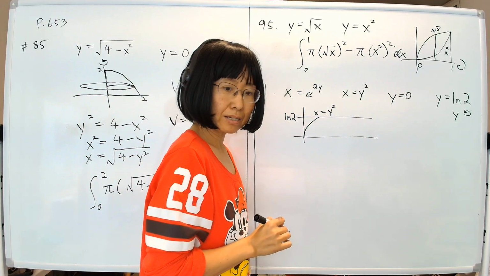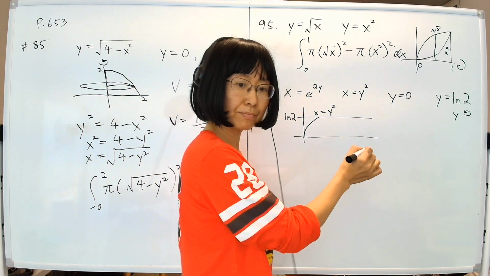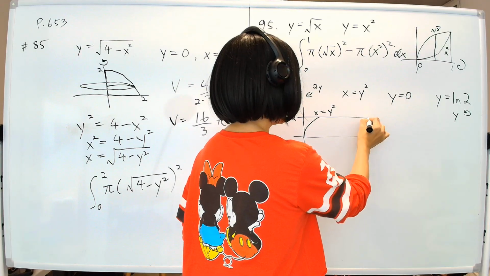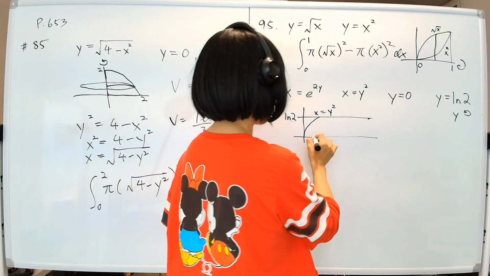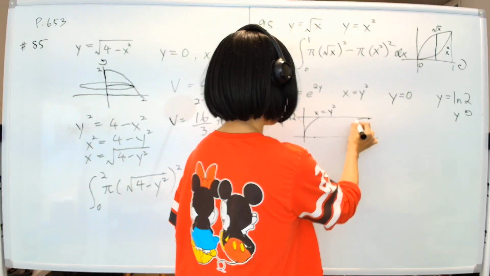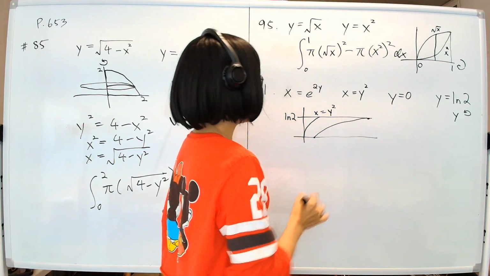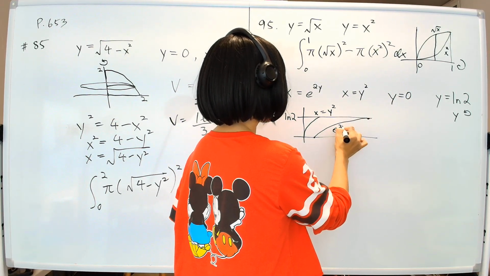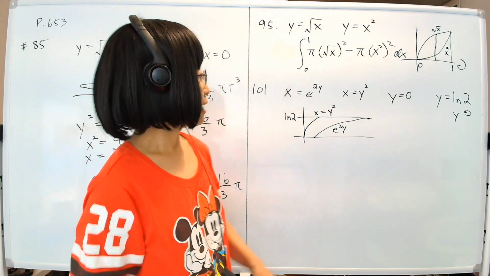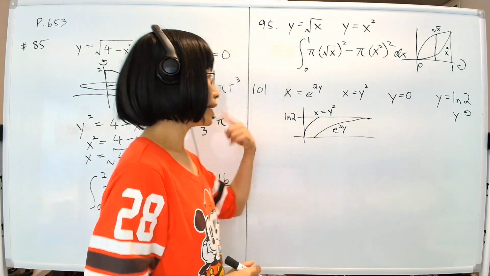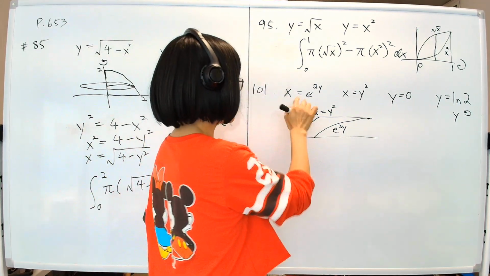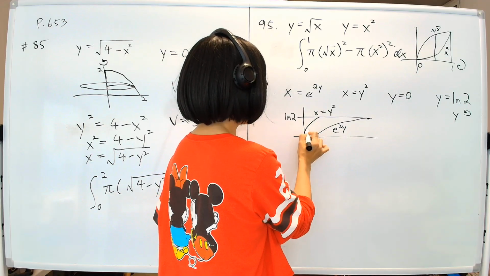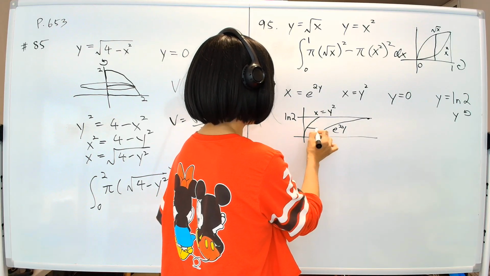And the other line goes from this point over here all the way down to 1. So the other line looks like this. That is e to the power 2y. All right, so there's that. And we're supposed to spin around the y-axis. Therefore, that's the y. So your disk looks something like that. Let's draw one of the disks.